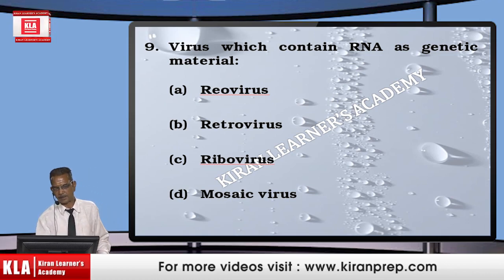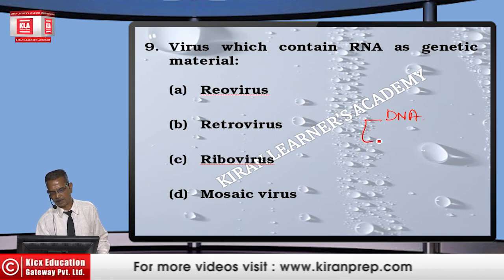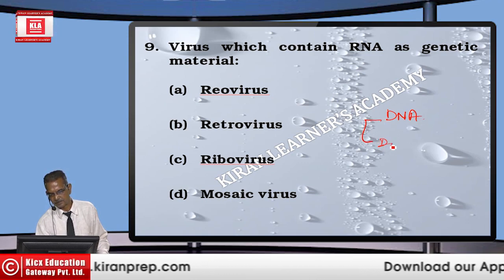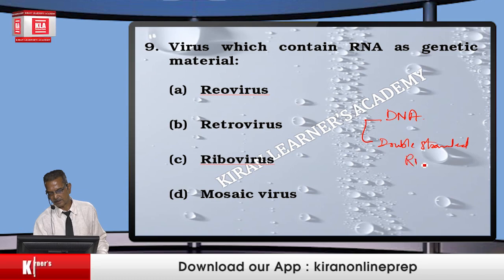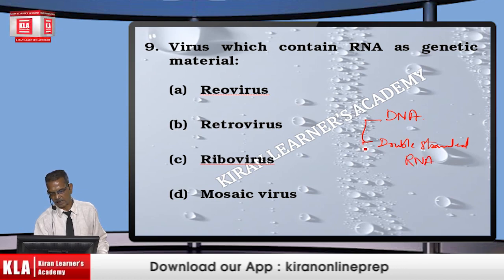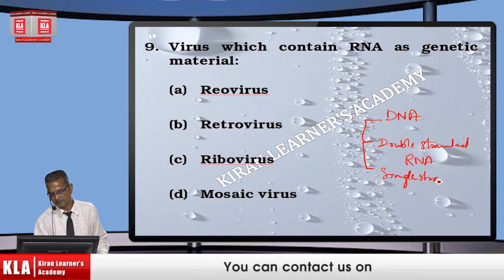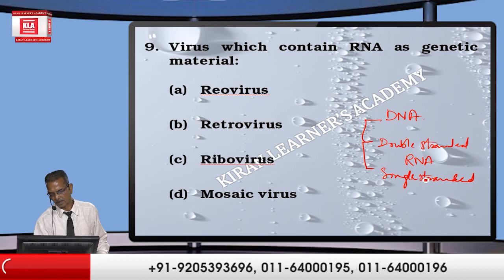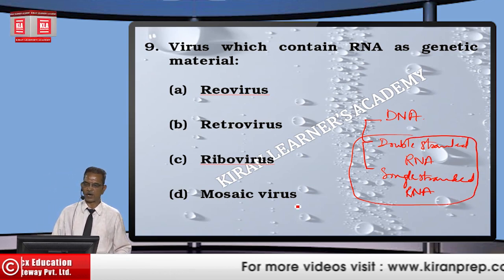Nuclear material can be DNA, it can be double-stranded DNA, or it can be single-stranded RNA. Now, these viruses which contain RNA as genetic material, what are they called?